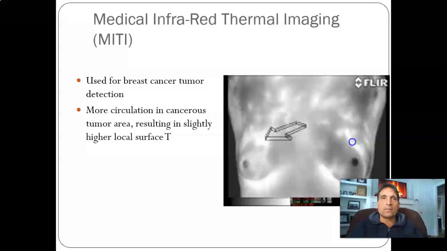So there's a pretty good bet that for most of you, you will encounter in your job or in some area of your life, you will be using these infrared or thermal imagers, and most of us use these infrared thermometers. So it's important to have a basic background in thermal radiation.